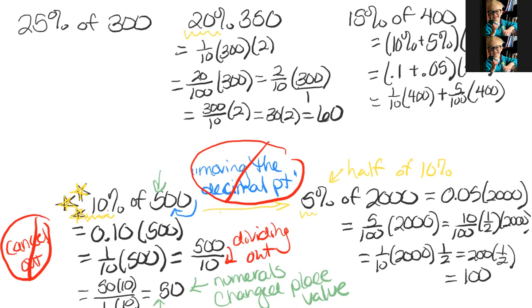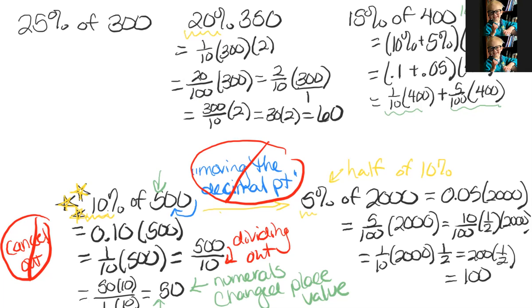taking 10%, right, 10% of the 400, and then adding it to the 5% of the 400. And maybe I can write that there, right? 10% of 400 plus 5% of 400.